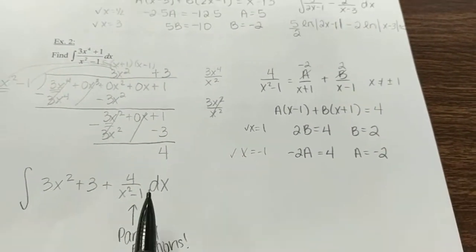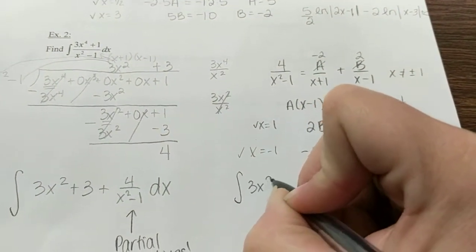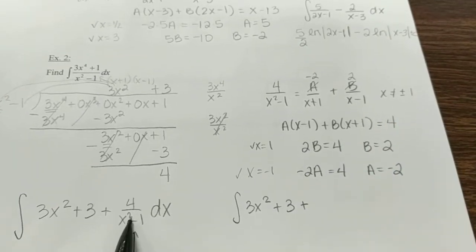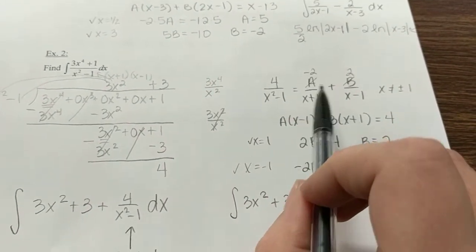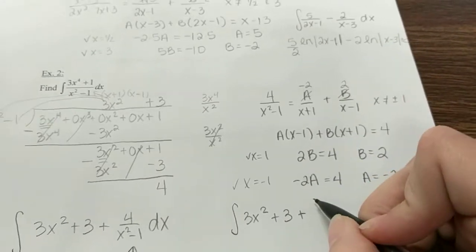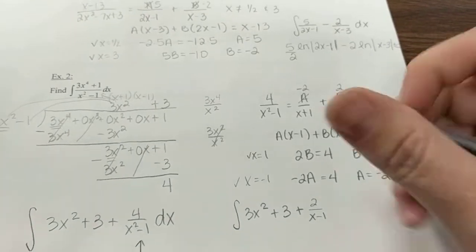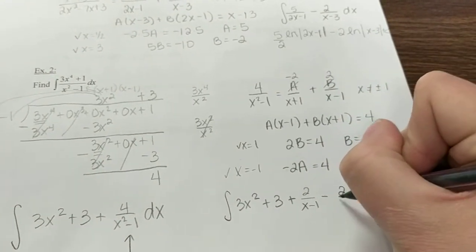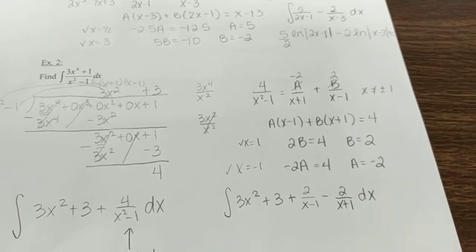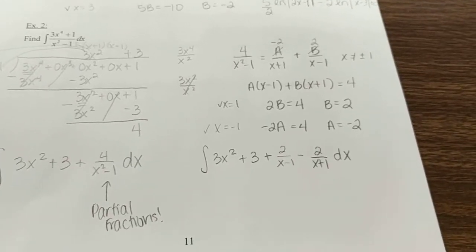So now let's rewrite this entire integral. So we had 3x squared plus 3, and then we fixed this one up here. I'm going to put the positive one first, so 2 over x minus 1. And then my -1 second, so minus 2 over x plus 1 dx. Now I can integrate this.